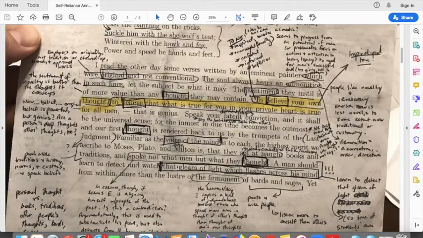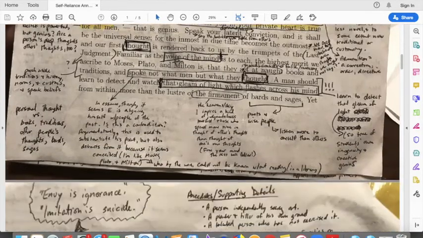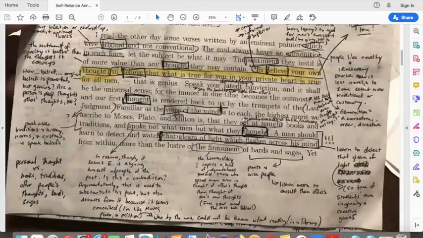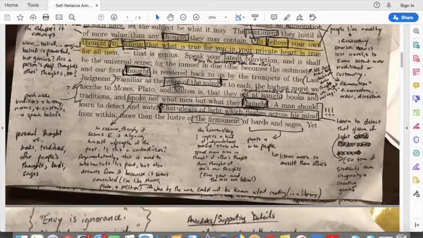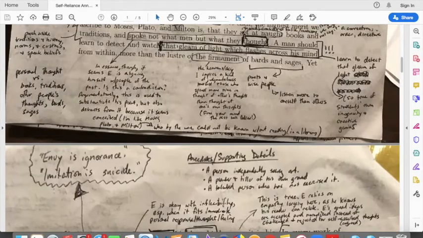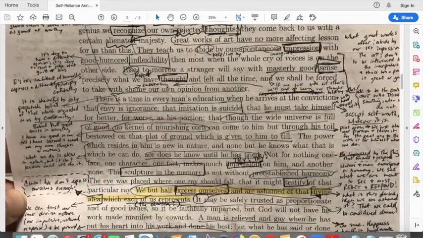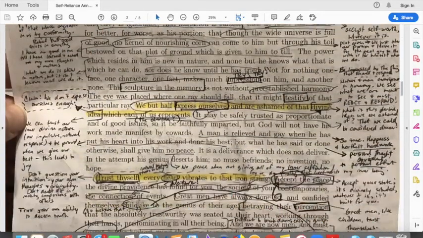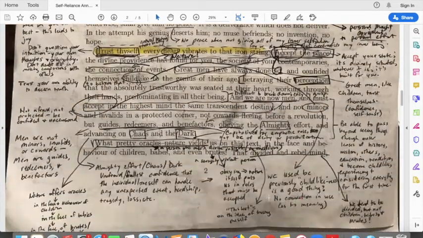Other recurring words that are seen early on, or ideas, are the recurring ideas of various authorities. For example, the authorities or the respectable wisdoms of Moses, Plato, and Milton: philosopher, religious leader, and author. You also have bards and sages. And as you continue on, you'll see that God is referenced and the Almighty.